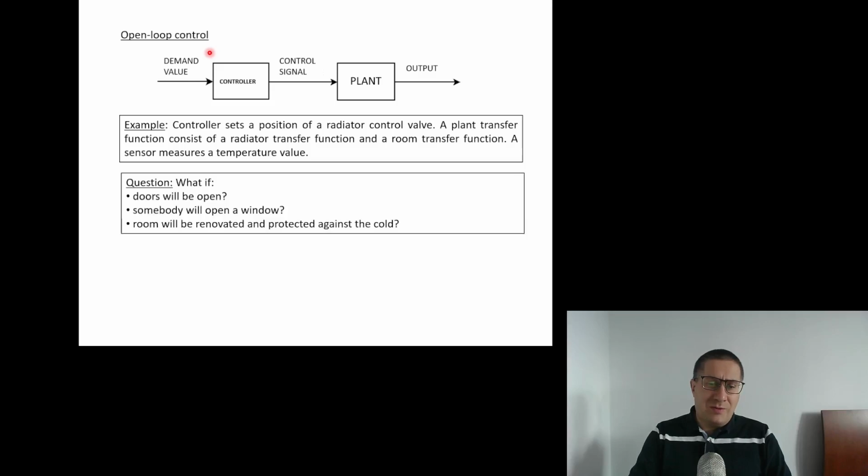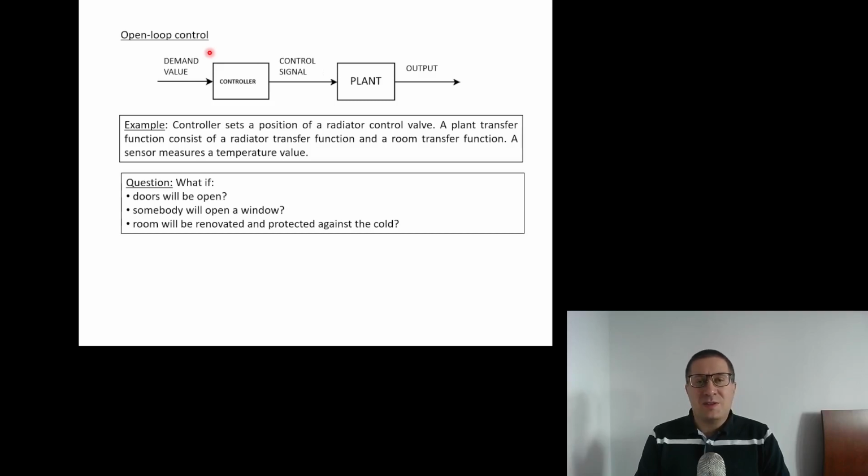As you probably feel, it has some important drawbacks, important disadvantages. Because what if someone opens the window? I have a window here. If I open the window, now it's 0 centigrades outside. It will have an effect on the temperature in the room, right?